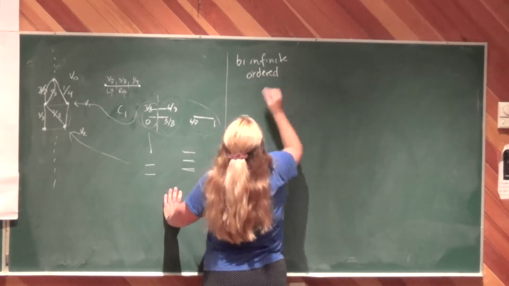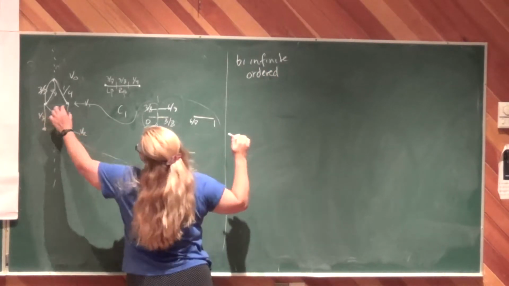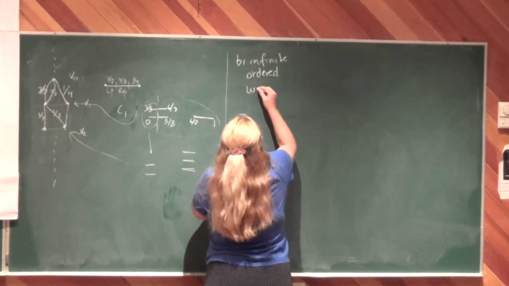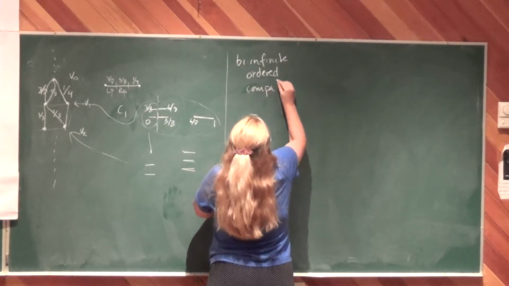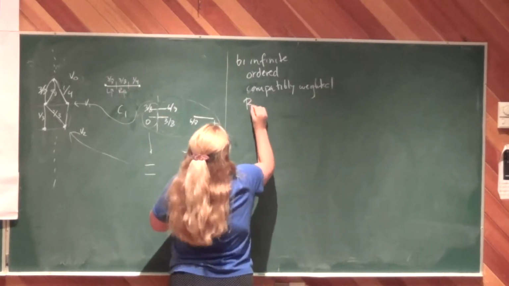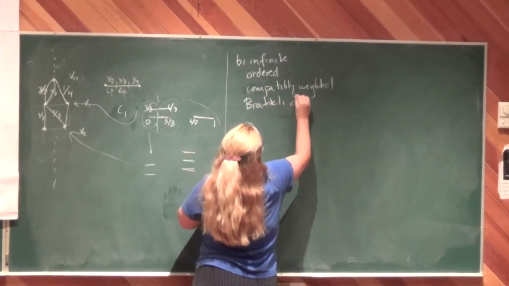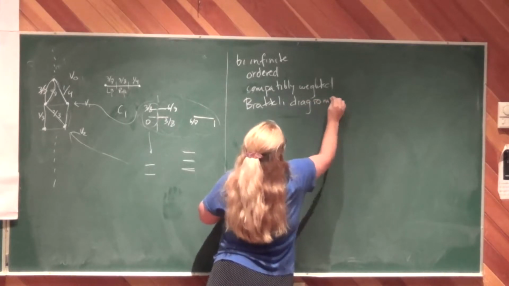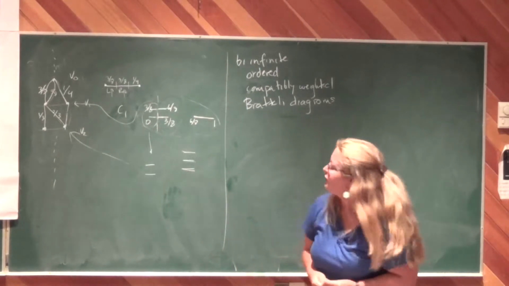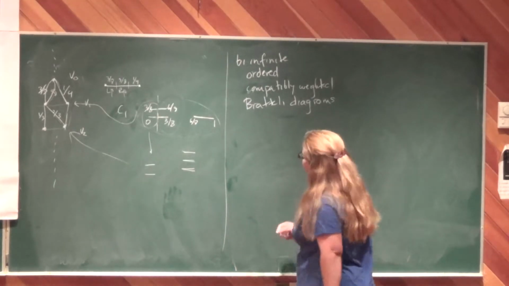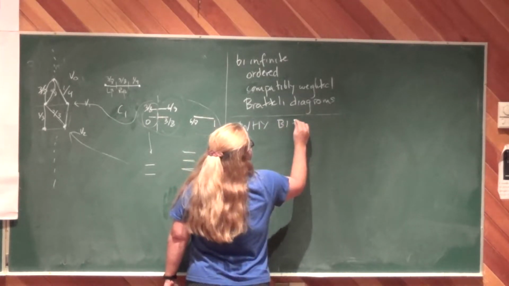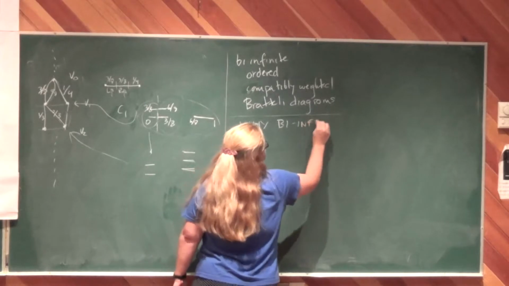We haven't really settled on the names, but ordered referring to the way the edges exit and enter each vertex, ordered, compatibly weighted, Bratteli diagrams. Okay, so now why am I saying bi-infinite? I'm totally switching to bi-infinite as opposed to just single-sided infinite.